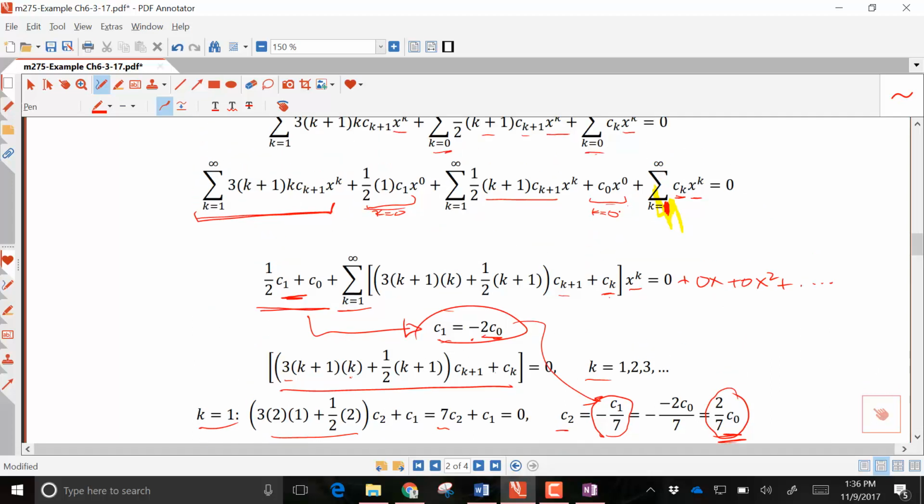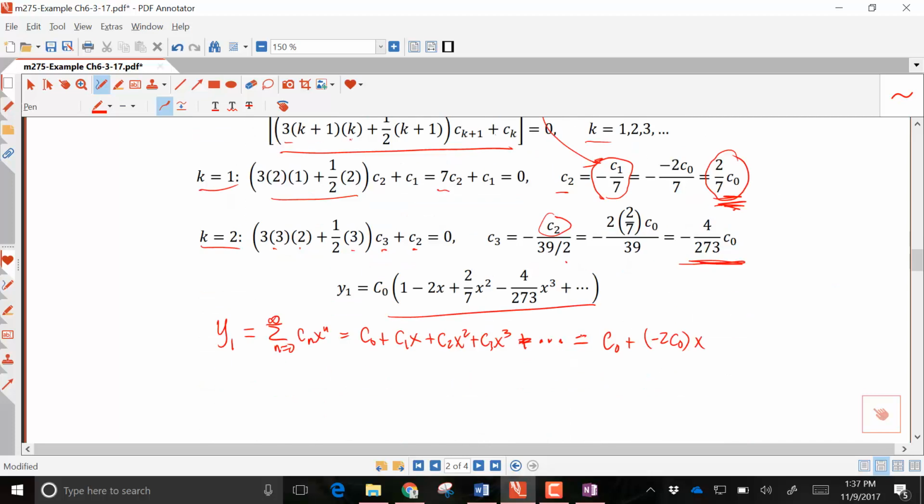We got the k is equal to 0 terms, and that's how we got that. Okay. All right, so this thing goes on, and then you're going to get the series that you're going to try to match up with the homework.